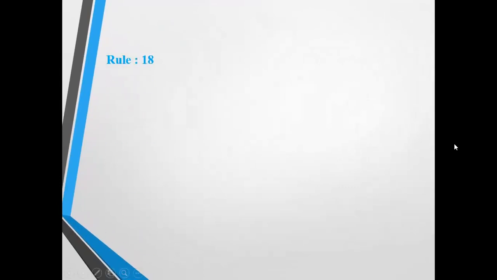Now rule 18. It is time to dash. If there is it is time, and if it indicates the best time, then after it is time, the infinitive to plus related words are used.